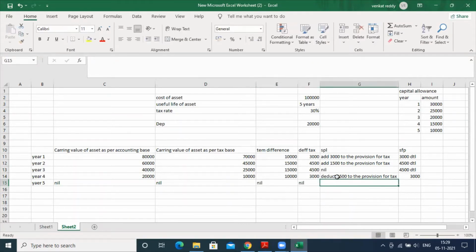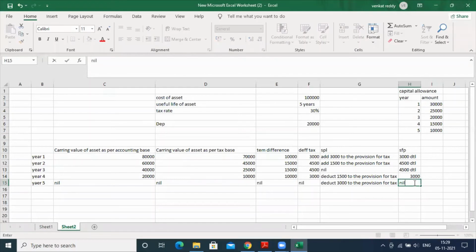But in the statement of profit and loss account, whatever we already created the deferred tax liability of 3,000, now we need to deduct 3,000 to the provision for tax. And in the statement of financial position, there will not be any deferred tax liability.